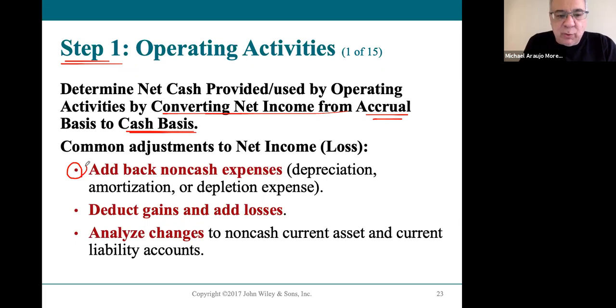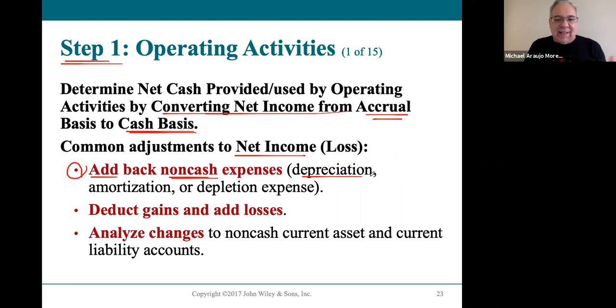First thing we need to do is start with the net income. We add back any expenses that we didn't use cash for. Depreciation is the biggest expense we have that we don't cut a check to anybody for, right? Remember from chapter 9, we buy a car, we buy a building, we buy other things.